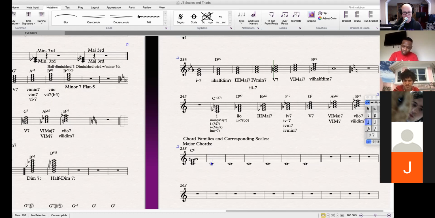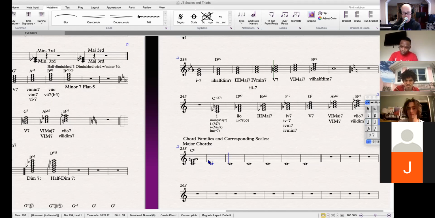So C6, very common major chord found in the major family. All right, who cares to take a stab at what we call this?